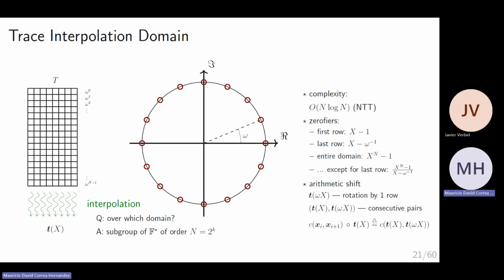The transition constraints take 2W variables, and now we substitute those 2W variables with, firstly, the trace polynomials, and secondly, their rotation, which gives us every consecutive pair of rows if you evaluate it in omega to the power I.